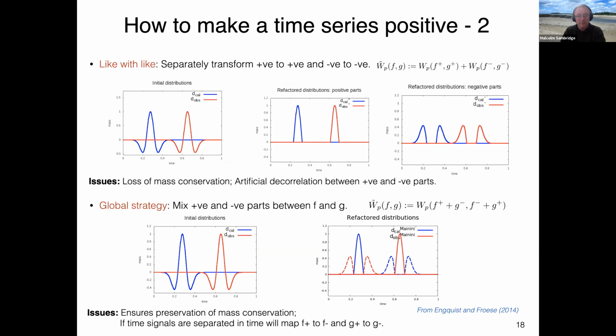In the literature, people have tried to map positive to negative and negative to positive. They've also done what we call like with like, which is only mapping the positive to the positive part of the signal and the negative to the negative part of the signal. And you can do these. There's nothing really natural about any of them.